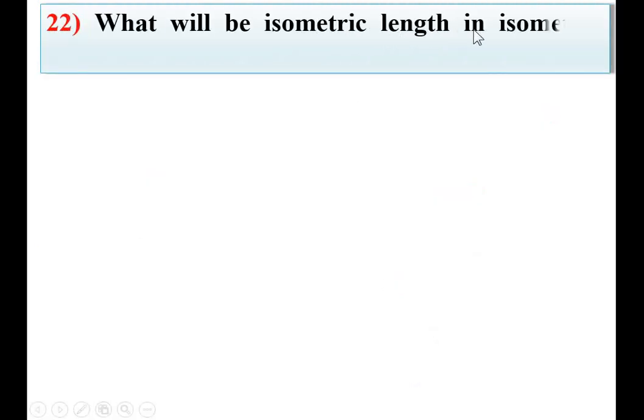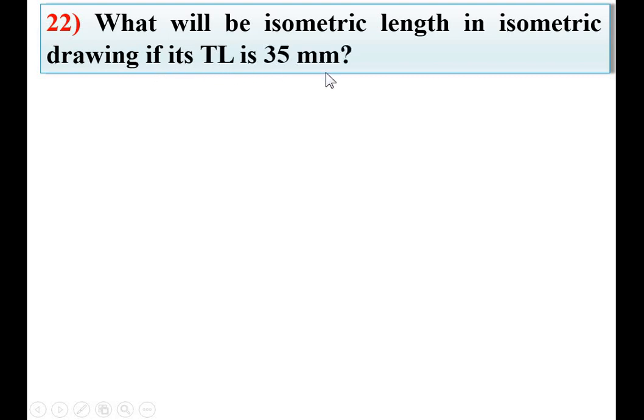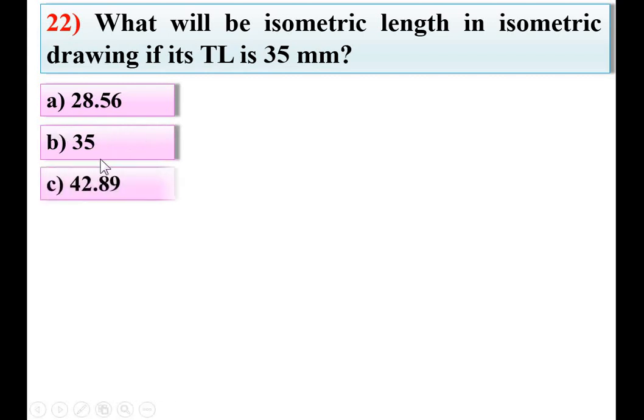Now next. What will be the isometric length in isometric drawing if its true length is 35 mm? Options: 28.56, 35, 42.89, 25.38.